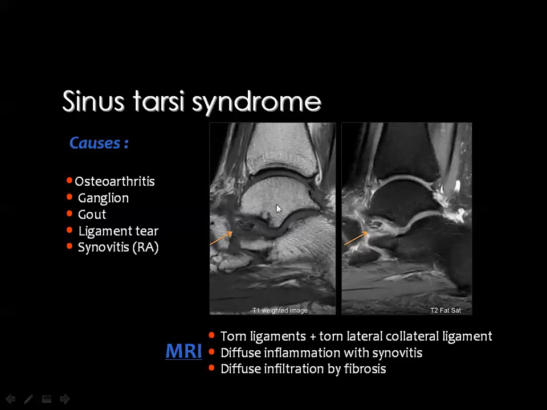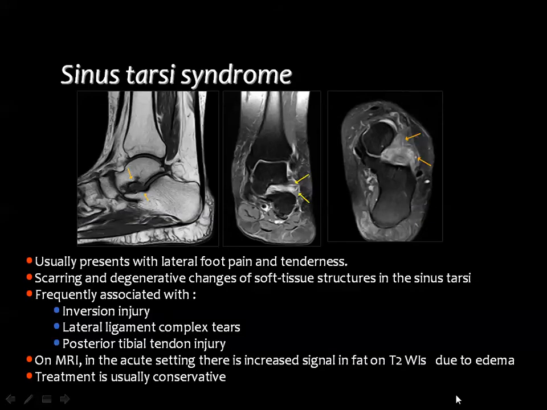What are the causes of sinus tarsi syndrome? Osteoarthritis is one of the common causes. Ganglion, gout, ligament tear, synovitis, as in cases of rheumatoid arthritis. The basics for diagnosis of sinus tarsi are torn ligaments, and you do not see the cervical or the interosseous ligament, diffuse inflammation with synovitis, and increased signal within the sinus tarsi, replacement of the signal of the fat by the signal of fluid.